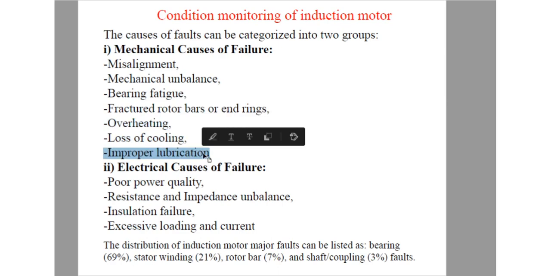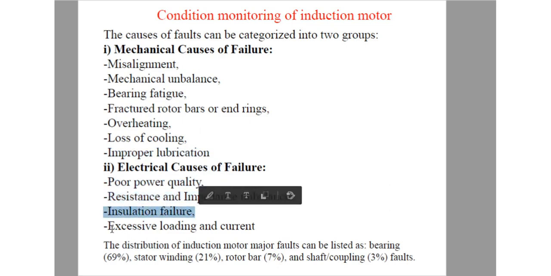The second part, the electrical components, fail because of poor power quality, resistance and impedance unbalance, insulation failure, and excessive loading and current.